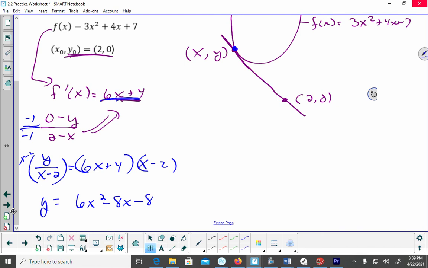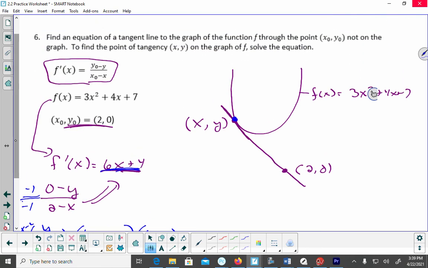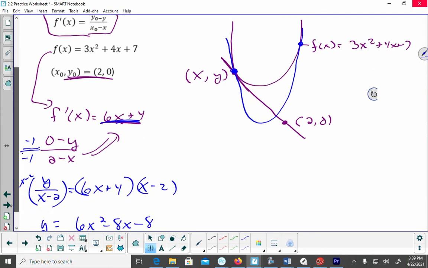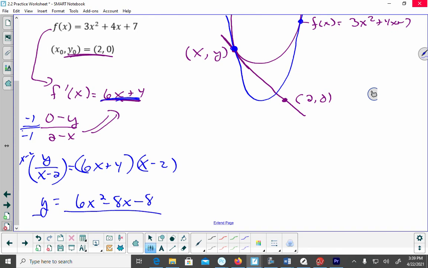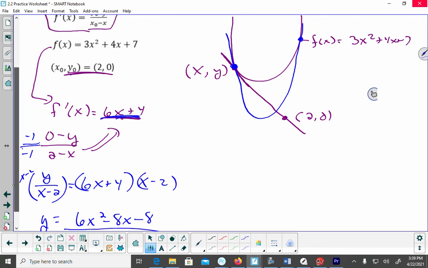So basically what's happening is I must have another parabola that goes like this somehow, not quite sure how it goes. So I probably have another point of tangency too. So I should figure out, but at this point here, these two are both equal to y. y is equal to 6x squared minus 8x minus 8.